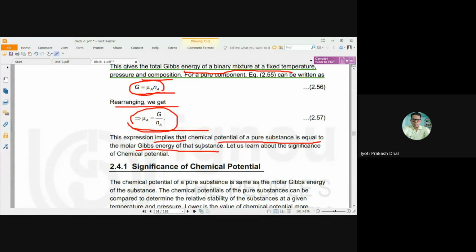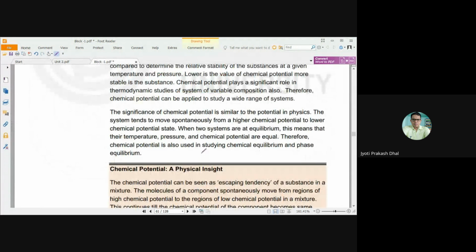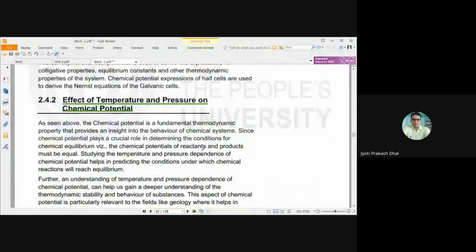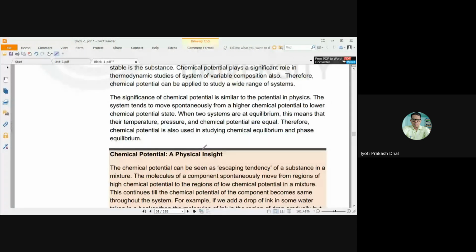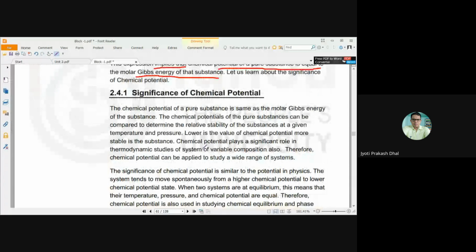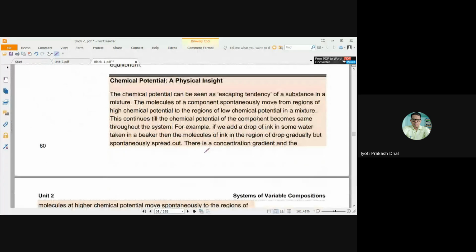Now coming to the significance of chemical potential. The chemical potential can be seen as the escaping tendency of a substance in a mixture. The molecules of a component spontaneously move from the region of high chemical potential to the region of low chemical potential in a mixture.